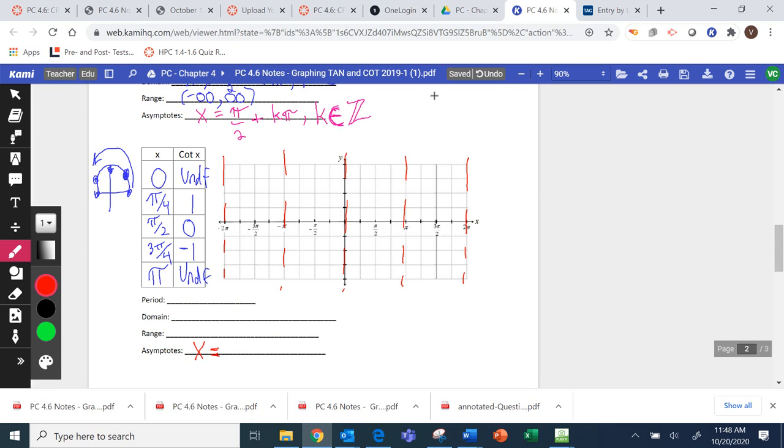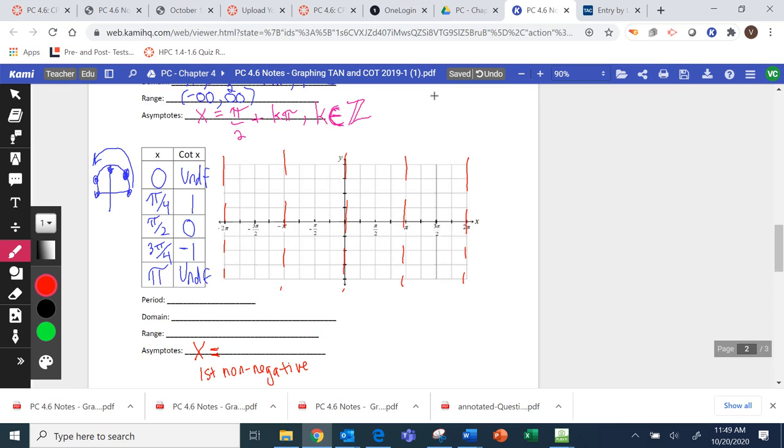I'm going to write the equation for my asymptotes. X equals, what's the first non-negative asymptote? Chris. What? There's 1 before that, that's not negative. 0.